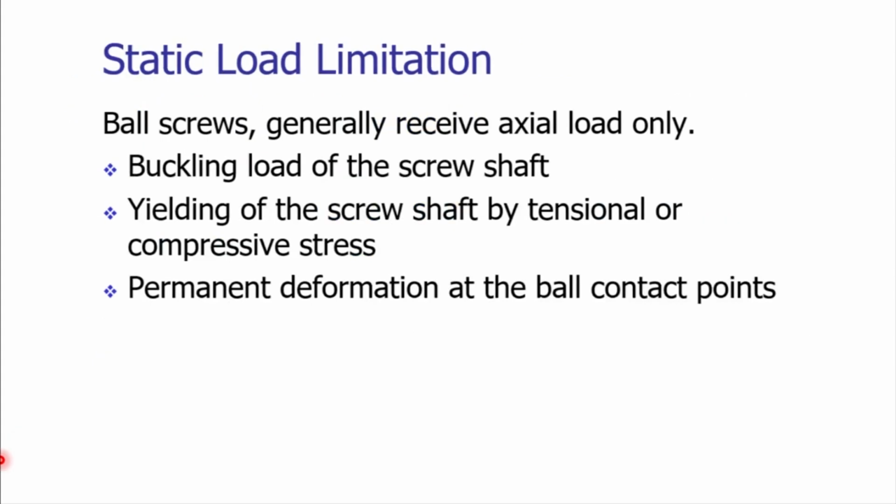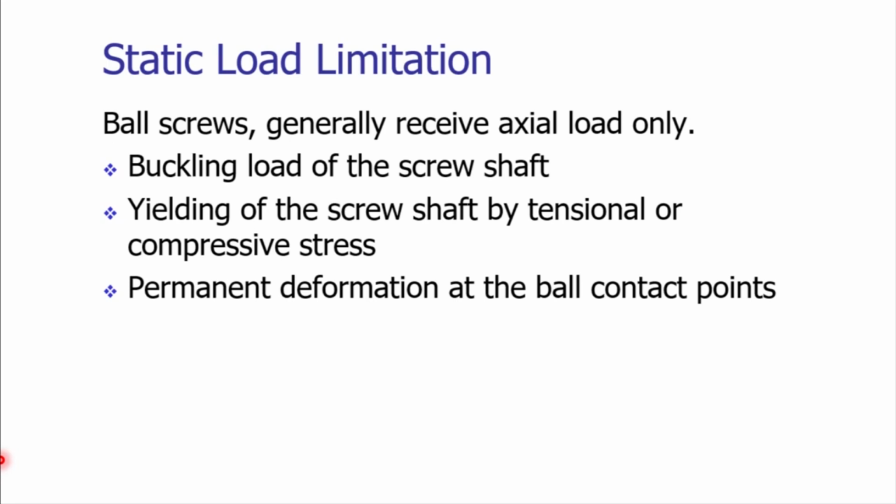Ball screws generally receive the axial load only, and during the design of the ball screws we need to consider the buckling load that is applied on the screw shaft. In addition to the buckling load, we also have to see whether the screw shafts are safe in yielding due to the tensile and compressive stresses.